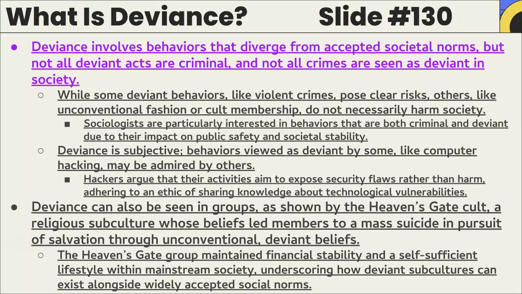Yet he fought to regain access to the internet and now works as a computer security consultant. Hackers like Mitnick often see their actions as non-criminal, focusing on exploring computer systems and identifying weaknesses, as many hackers even help companies protect their systems by revealing vulnerabilities. The way we label deviance is often based on perspective, as deviance also applies to group behavior.